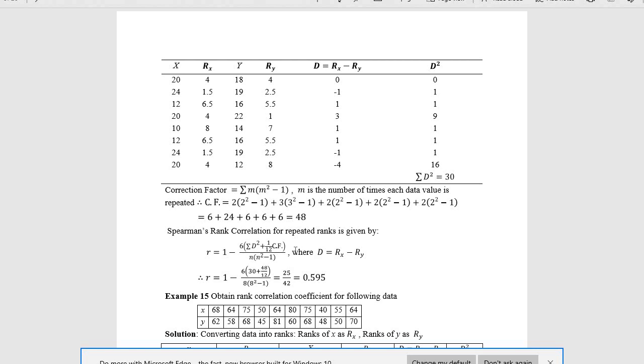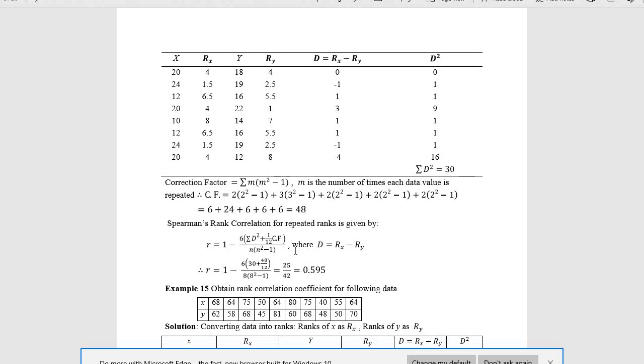While giving the ranks, this is the hierarchy we have to follow: 1.5, 1.5, 3. Next, 4, 4, 4 is coming, so 3, 4, 5 completed. Next, the sixth rank again, 6, 7 shared by 12, so 7 completed. 10 is the 8th rank.